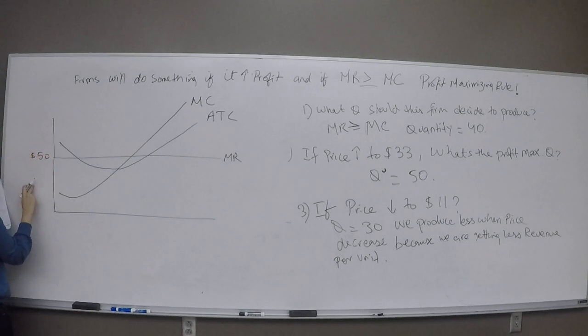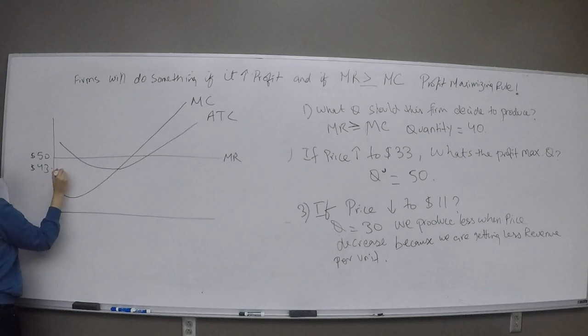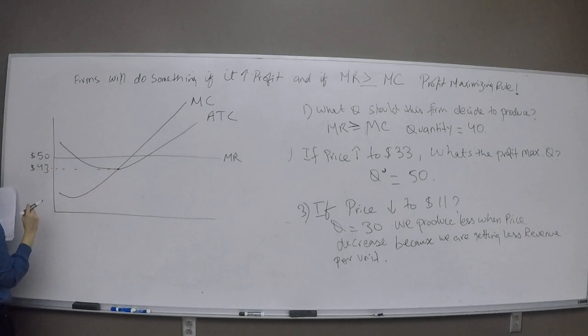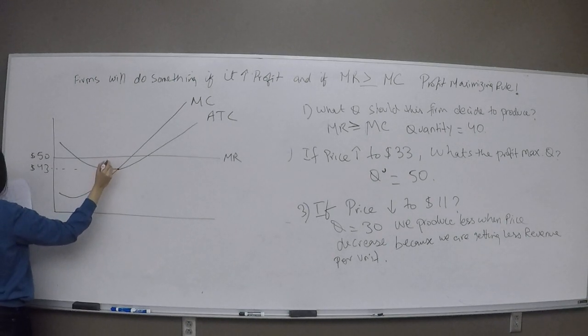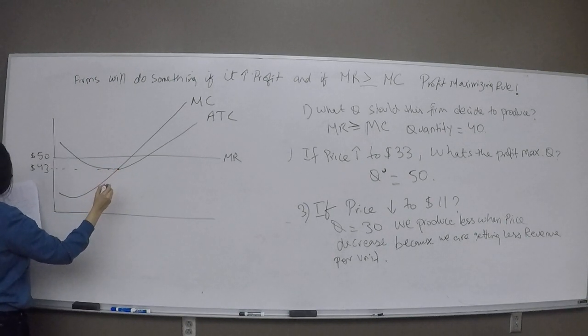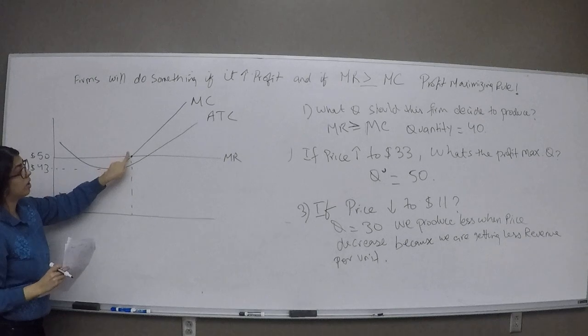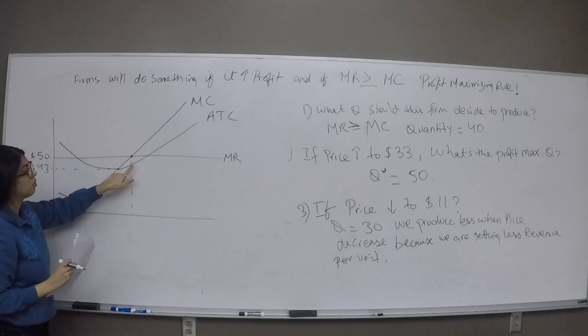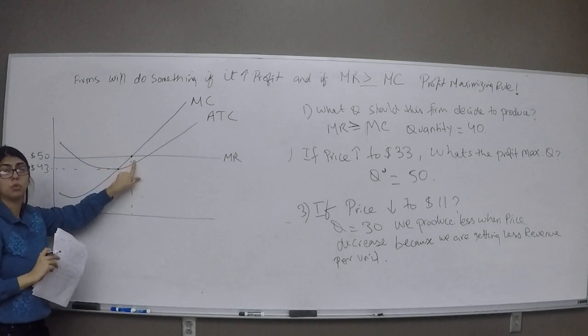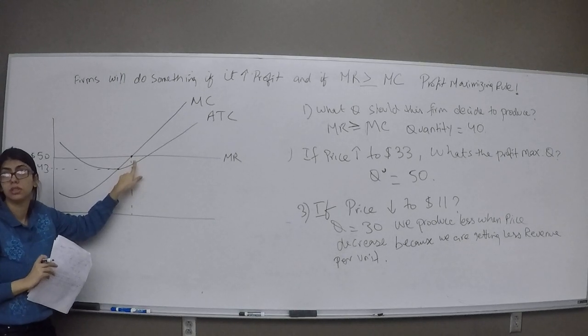This is $50. This is $43. This is the equilibrium point where marginal cost is equal to marginal revenue. That's how much you're going to produce.